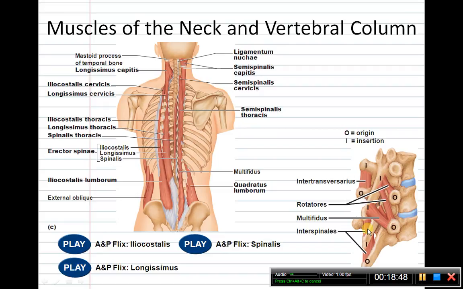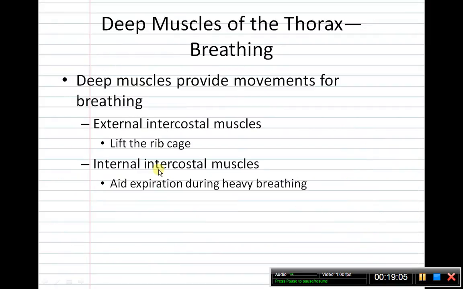If you look at between the spinous processes, if this is intertransverse, this must be the interspinals. So it's pronounced interspinalis. The only ones you have to know on here are the ones I've discussed before, and then the erector spinae. You don't have to write all of the different intricate back muscles down.